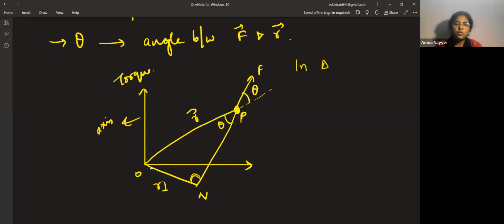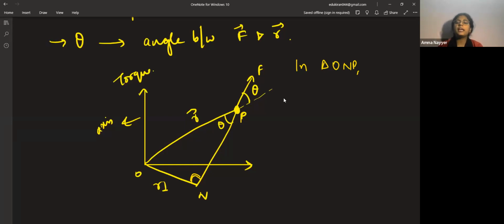So this triangle is ONP. In triangle ONP, if I write sine theta, theta is actually the angle between force and the radius vector, so these become vertically opposite angles.